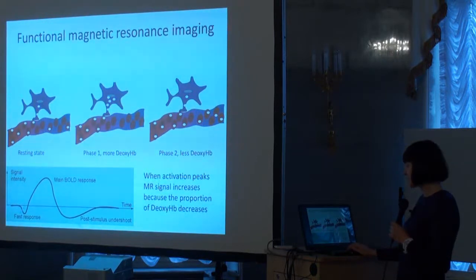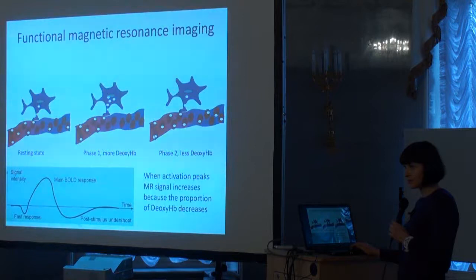And it causes a decrease of MR signal, because more deoxygenated hemoglobin means a more disturbed magnetic field, so less MR signal. This is why we have a very short dip here. This is the whole BOLD response, how it develops over time. But this phase is very short. And the main phase is this, and this is what we basically measure in fMRI.